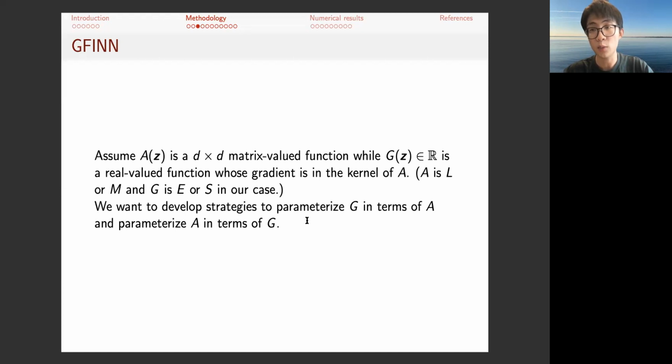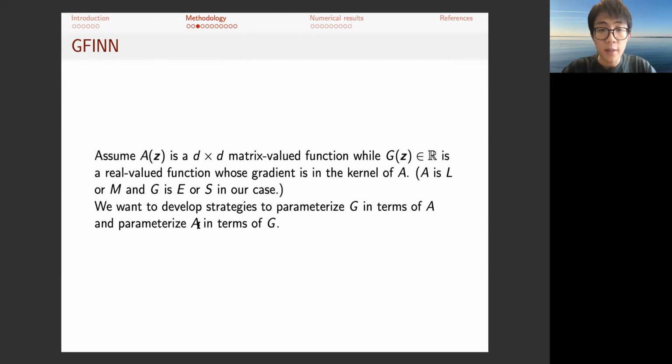That is case 1. And case 2 is we want to design a matrix valued function whose kernel contains the gradient of the specific function G. That is the problem we are considering.